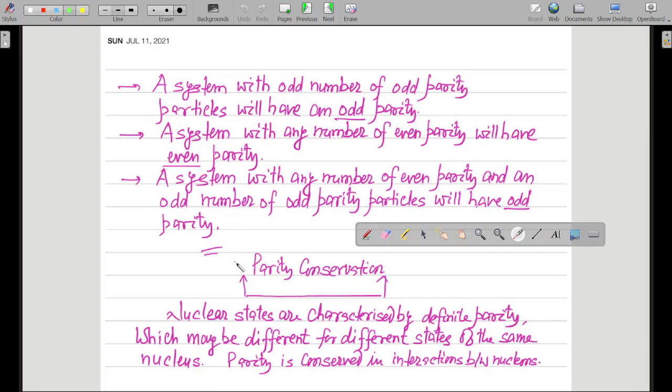It will become even clearer to you how nucleons are filled in various nuclear shells. But for the time being we are learning about parity conservation.